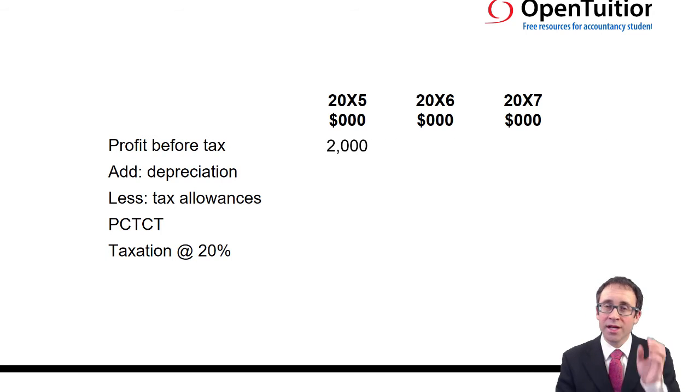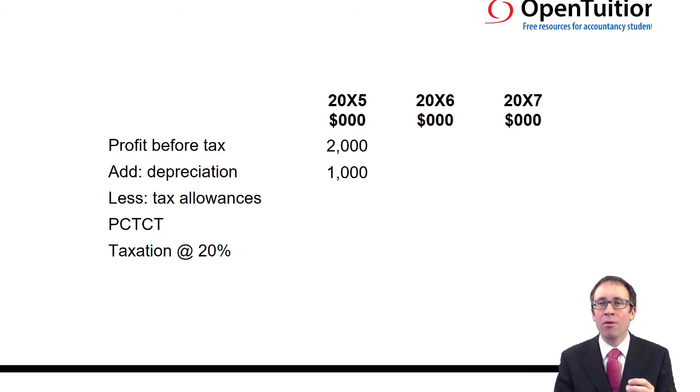So my profit before tax is there as 2,000, isn't it? We were given within the question the accounting profit of 2 million. We add back the 1,000 of depreciation because that is not allowable for tax purposes. It is then replaced by your tax allowance, your tax version of depreciation.